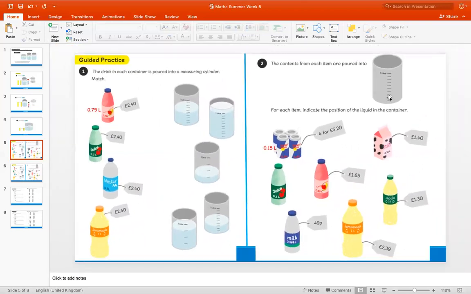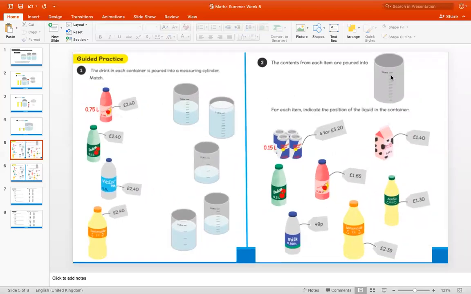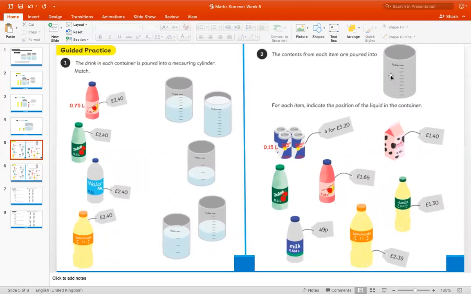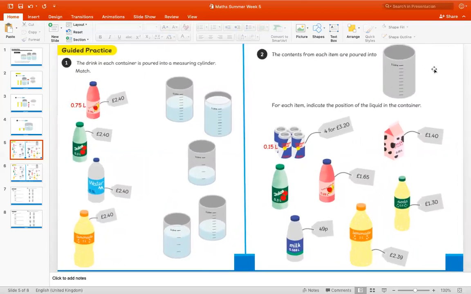Where do you think they are on this cylinder? Off you go for your guided practice. You can zoom in. If not, what I'll do is I'll just zoom that in so that you can see clearer. And then I will show you the answers.